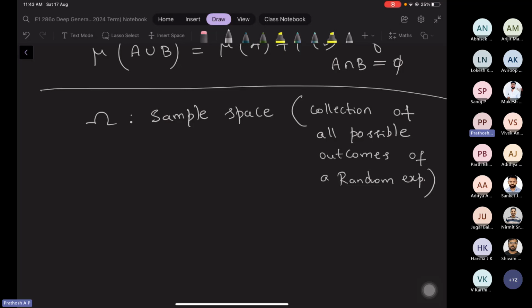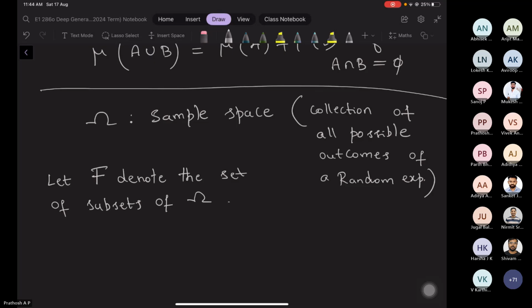We can now create subsets of this sample space. Now let F denote the set of subsets. Do you understand what I'm talking about?